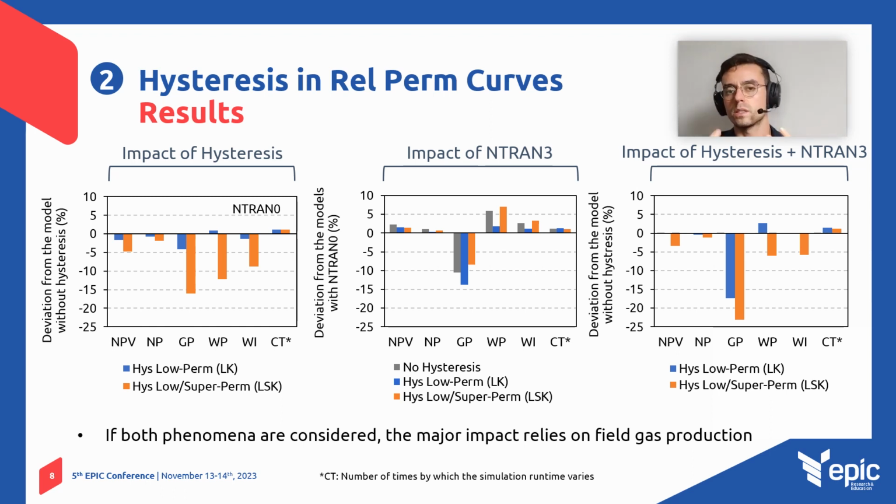So when we consider both phenomena, the deviation in the NPV is almost zero. But when it comes to gas production, both phenomena give us lower gas production. So the effects add up, and we have a very much lower gas production.